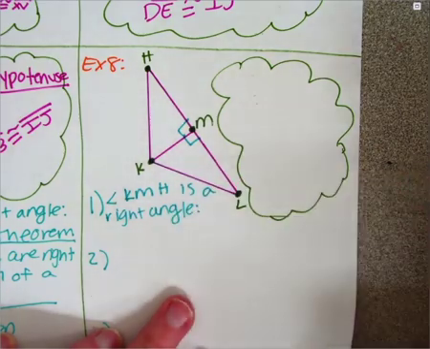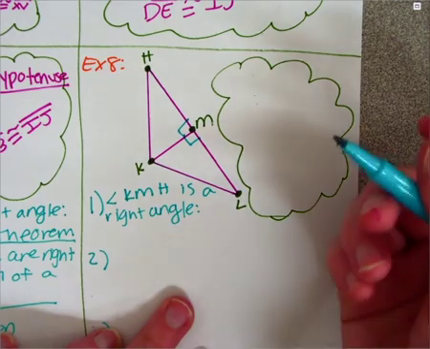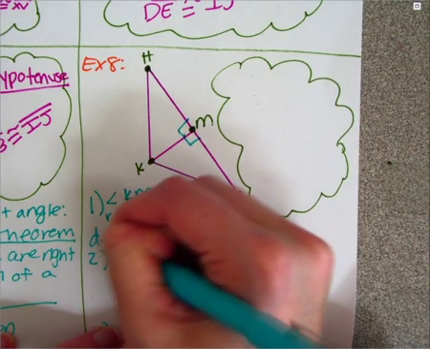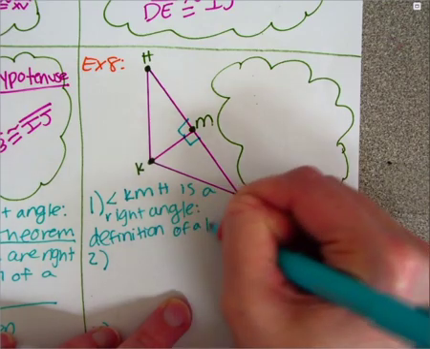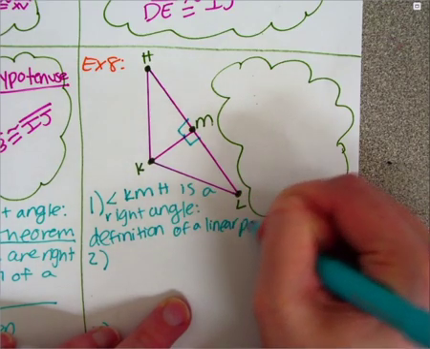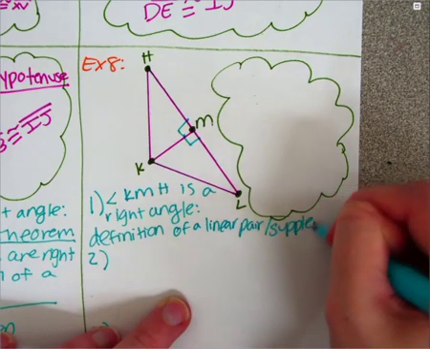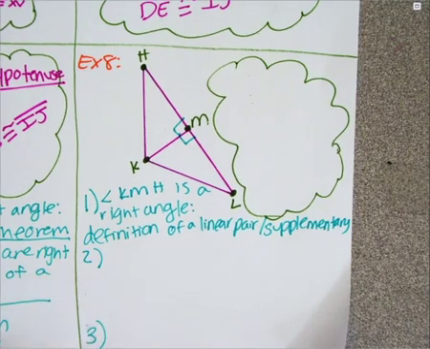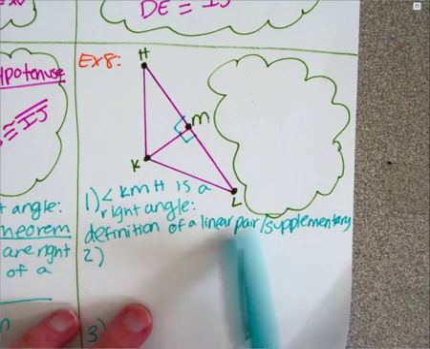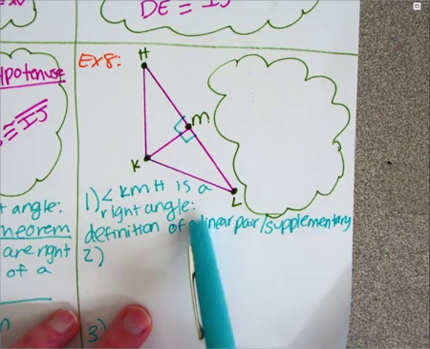Well, it forms a linear pair, which means it's supplementary, which means it adds up to be 180. So this is because of your definition of a linear pair and also your definition of supplementary. I'm just going to put them together because they kind of go together like peanut butter and jelly, right? If it's a linear pair, it means it's supplementary. So, peanut butter, jelly.